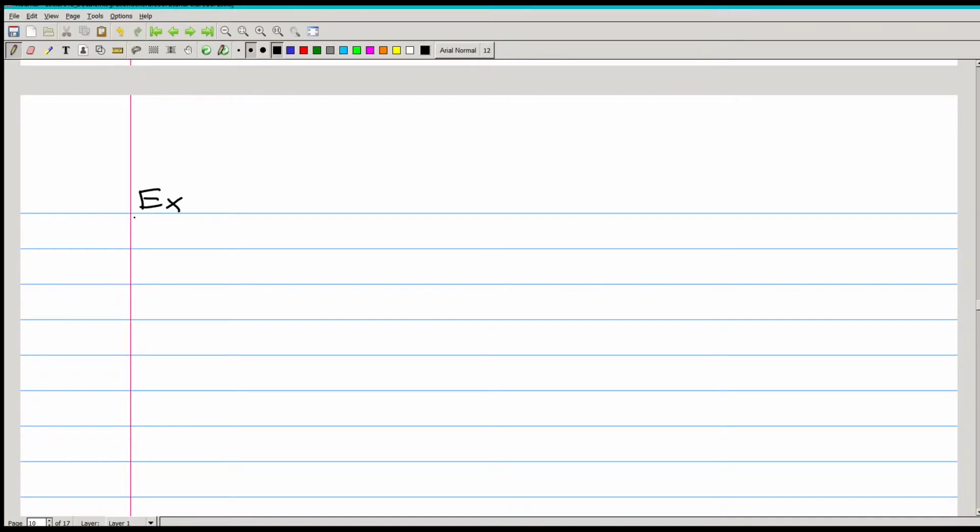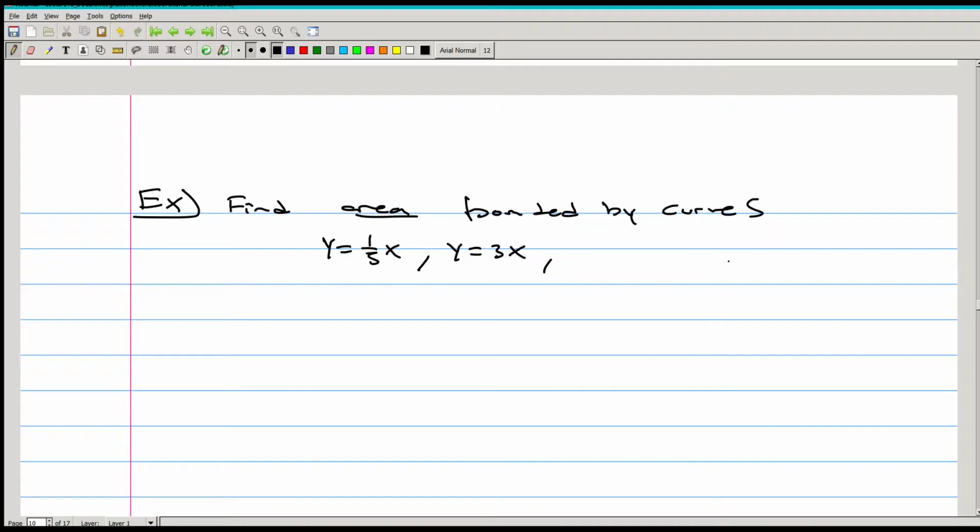So for this example, we'll look for just the area of the region bounded by the curves y equals 1/5 x, y equals 3x, y equals 2 over x squared, and y equals 9 over x squared.